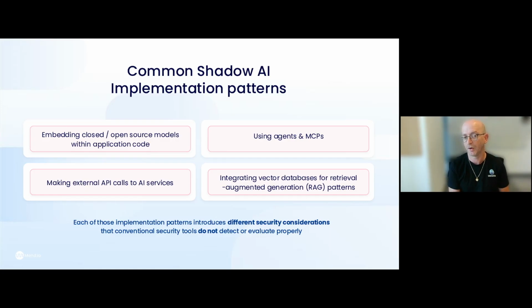Some of them are open source that are available at repositories like Hugging Face, which is the largest one by far. I think over 90% of models are hosted there, or closed commercial models by the large providers, and those can be embedded as part of your application in a closed way.